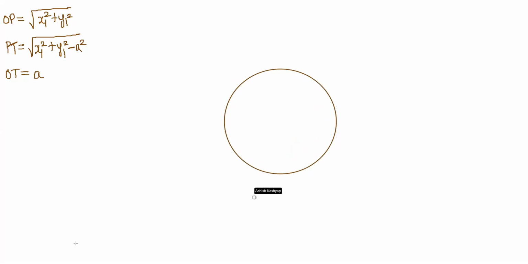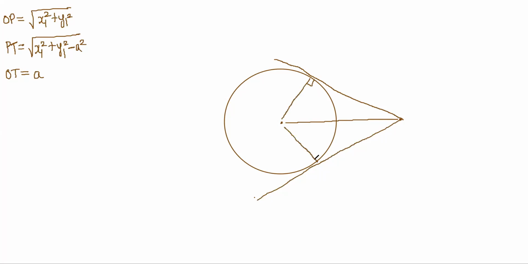There is a point here, and this is the center, and one chord is like this, one tangent is like this, and one tangent is like this, right? And this is one perpendicular, and this is one perpendicular, right? Now it is more accurate.